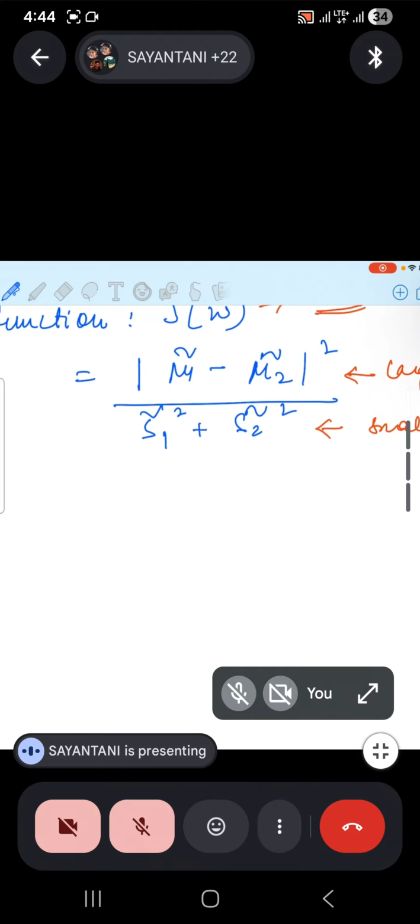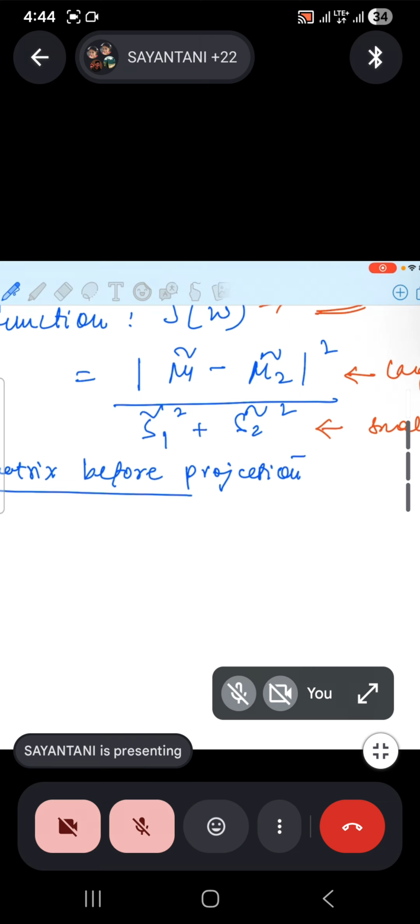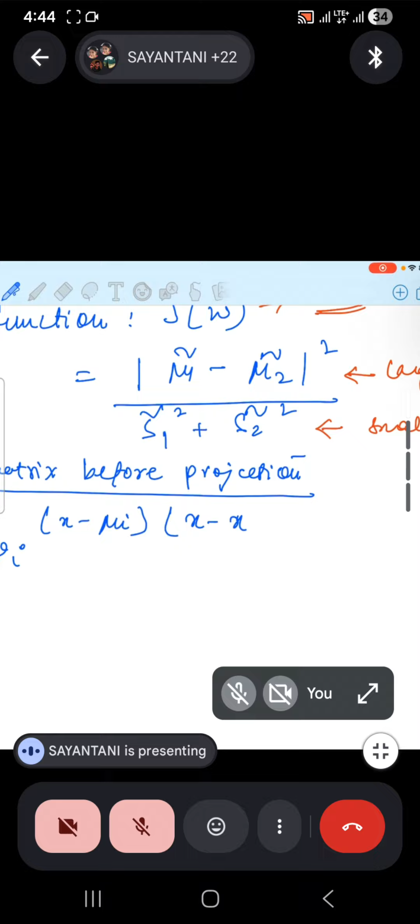Now Si, your covariance matrix before projection, can be calculated as the summation over omega i. You know what a covariance matrix is. You just take the matrix and its transpose and multiply them. Okay. You keep this as equation number 2.